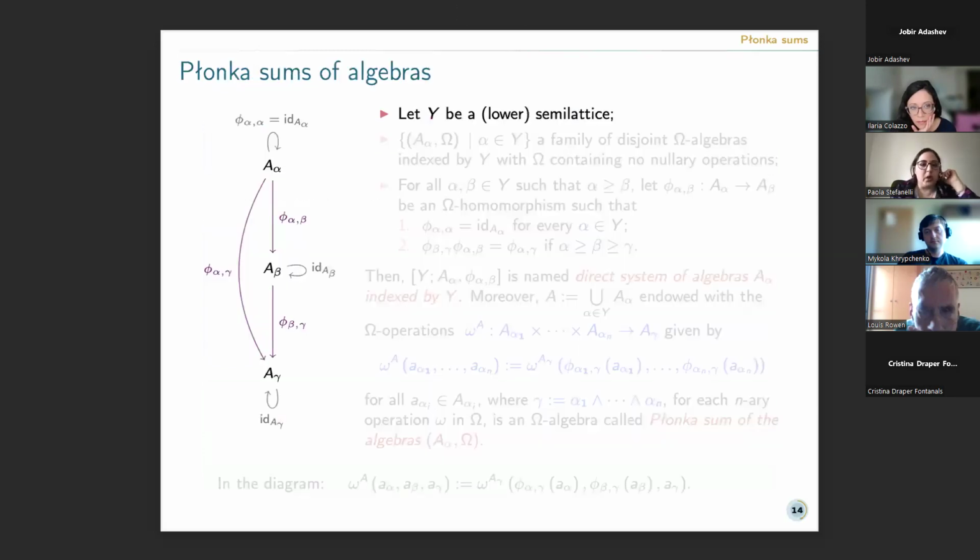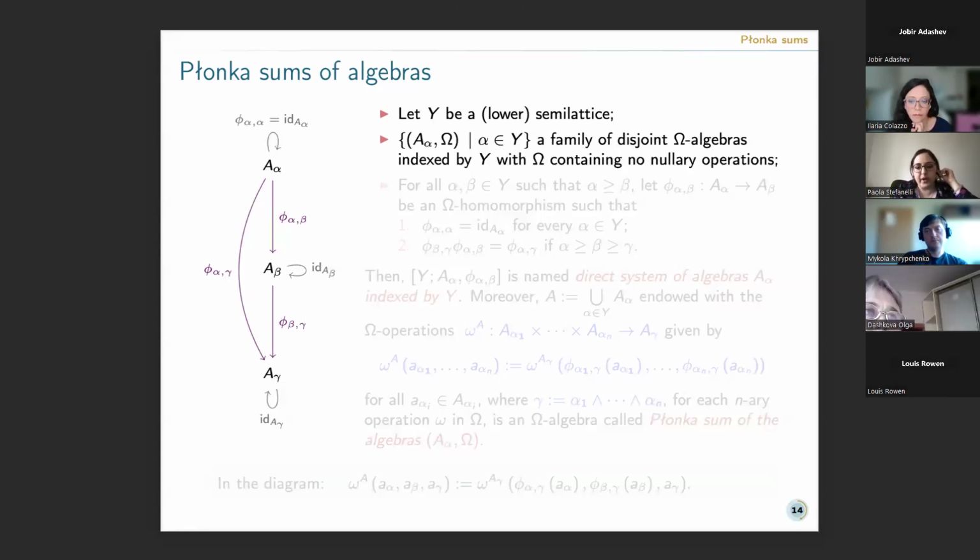To define Płonka sums of algebras, we need to introduce some ingredients. The first one is the lower semilattice Y. Then we need the family of disjoint omega algebras, indexed by the semilattice Y, containing non-nullary operations.